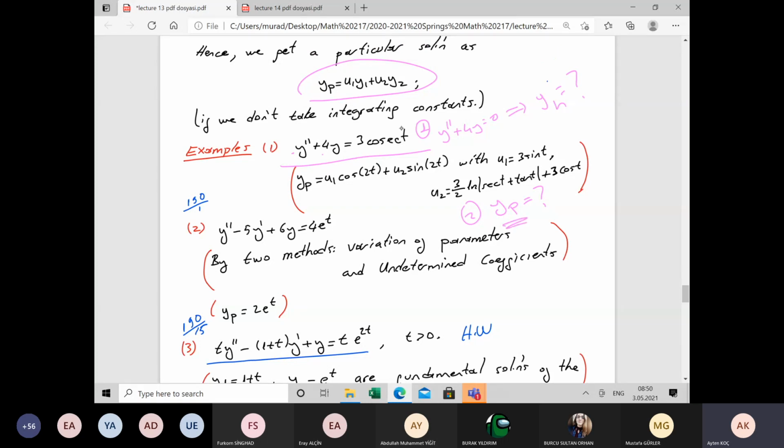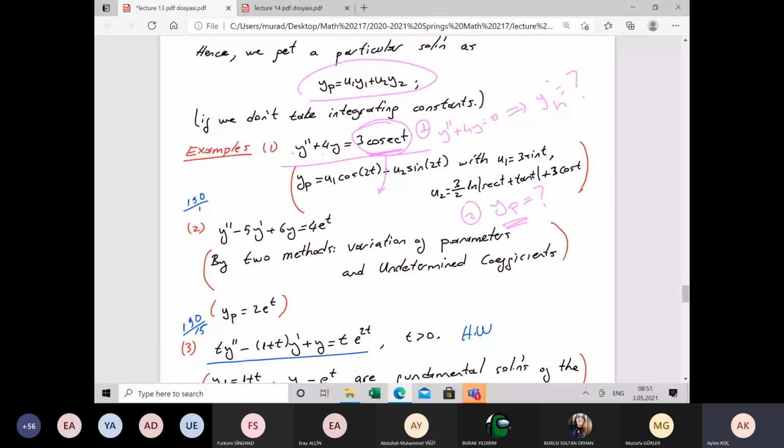Look at the right hand side: it is not an exponential function, not a polynomial, and not a trigonometric function such as sine or cosine, or a sum of sine and cosine. This one is a quotient of sine or cosine.